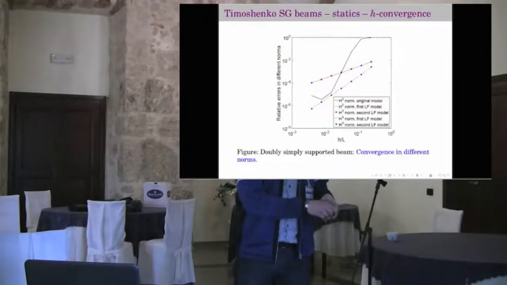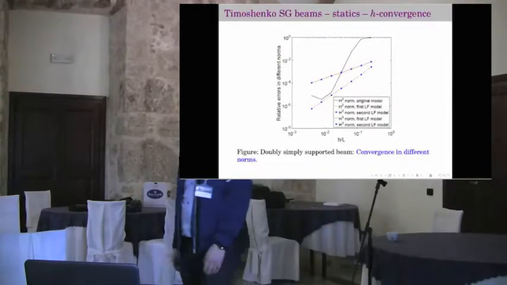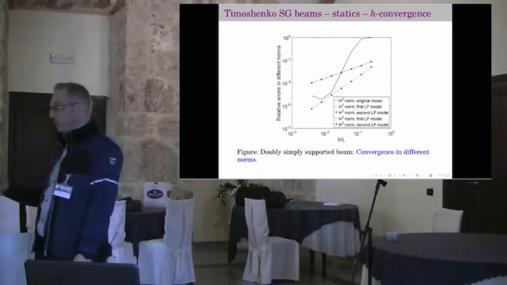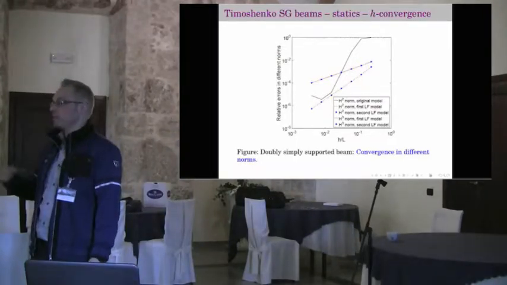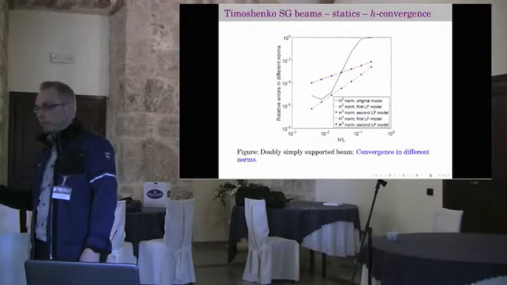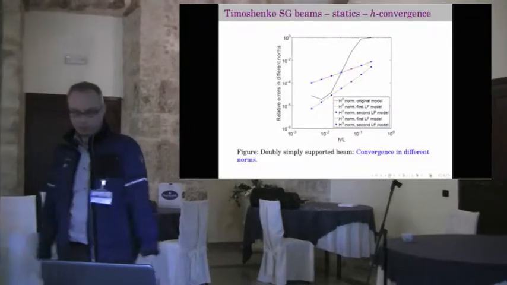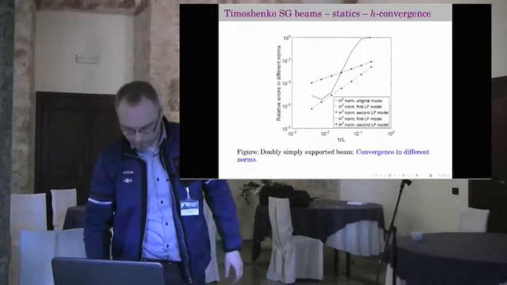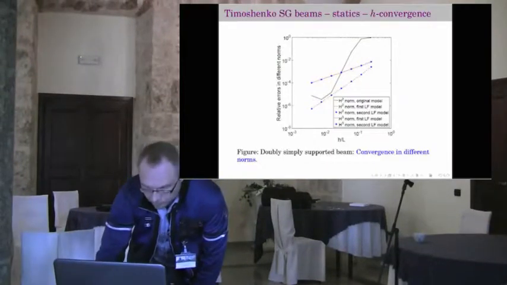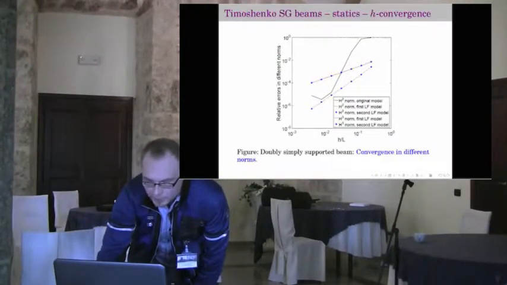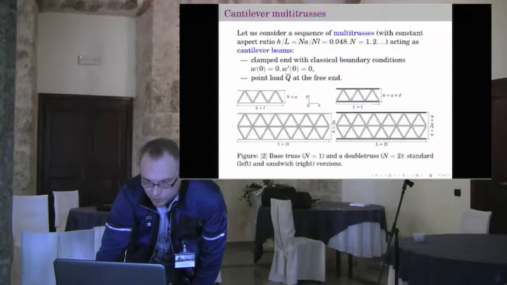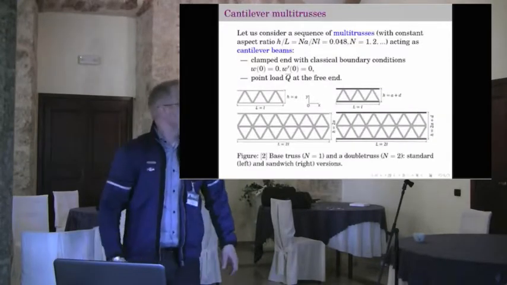But the other formulations practically give identical results, at least for this case. Of course the one was officially better than the other because it was fully locking free, but in the other one there was still one locking term. So now we can say that okay, we can safely use those numerical schemes.